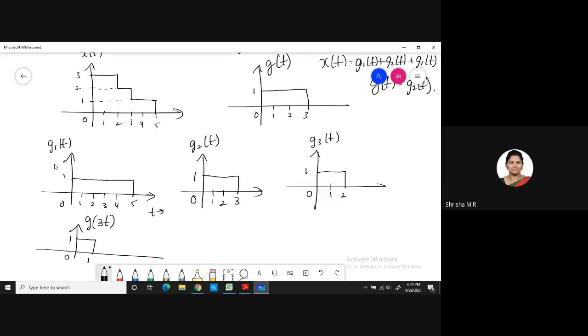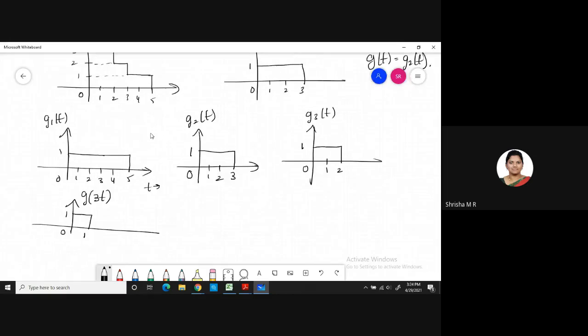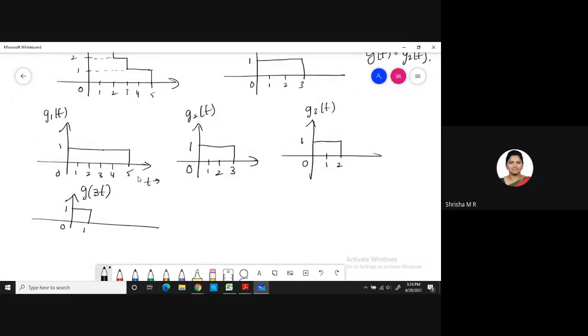Now I want g1 of t. So what can I do now? I want to expand it to get from 0 to 5. I'm again scaling, g of 3 by 5 t, can I do? I'm scaling it by 0.2.